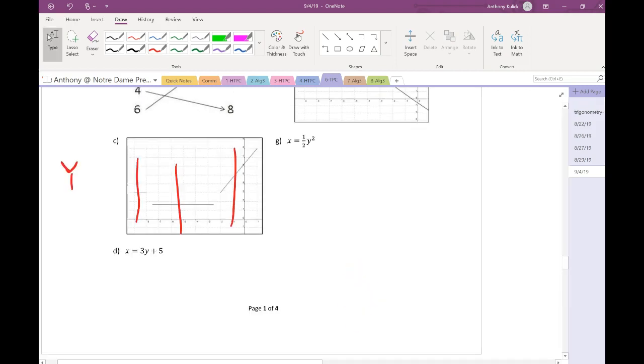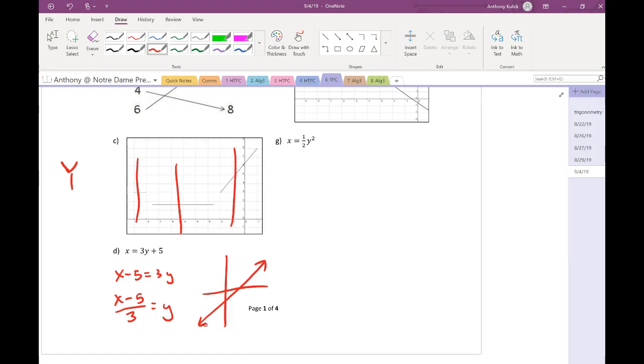What should I do with D? Okay, so Lexi says let's get the y by itself. And then what would you do with it after you've gotten the y by itself? You could graph it on your calculator and look at the picture. Very good. So if I do that, I will subtract 5 to the other side, and then divide by 3. If I do that, the graph that I'm going to get looks something kind of like this.